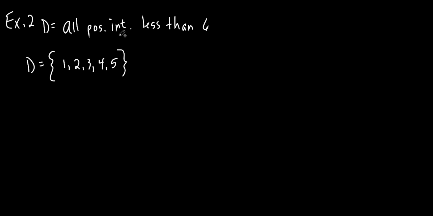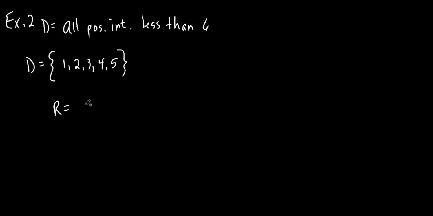So they tell you the domain are all the positive integers less than 6, and then they also tell you the range. In words, they tell it to you in words. This is a little different. It says the range of the relation is 3 less x. It doesn't say 3 less than x. It says 3 less x.